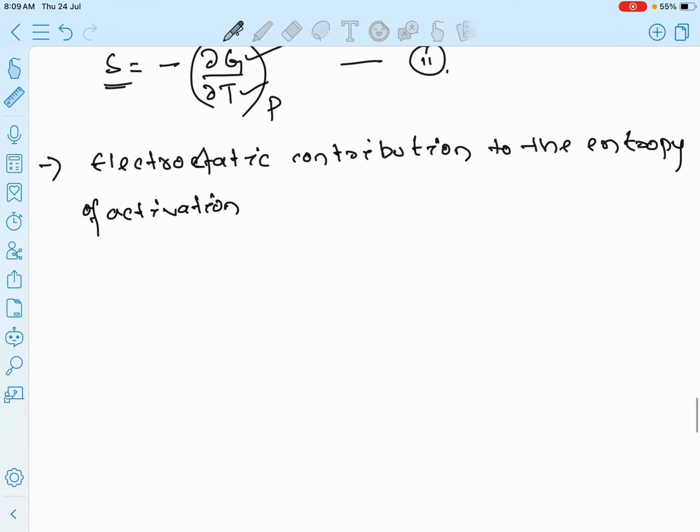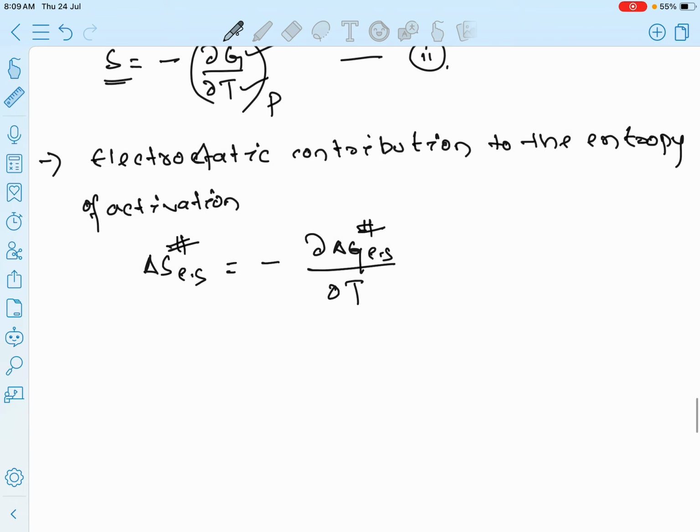So this will be equivalent to delta S electrostatic of activation is equal to minus of delta G. Instead of G, I am writing delta G electrostatic activation by change in temperature by keeping pressure to be constant. This is equation number 3.